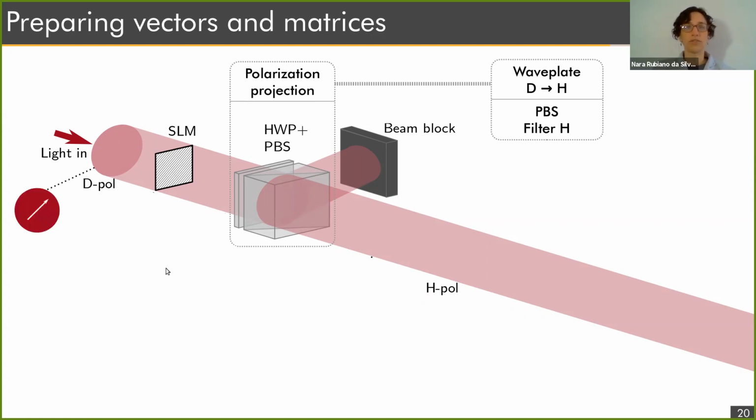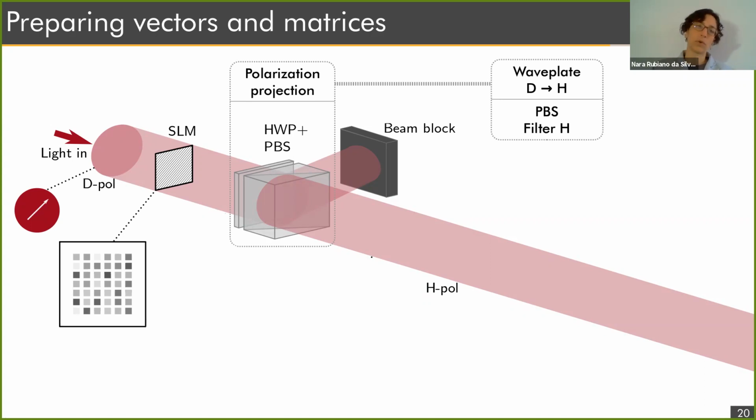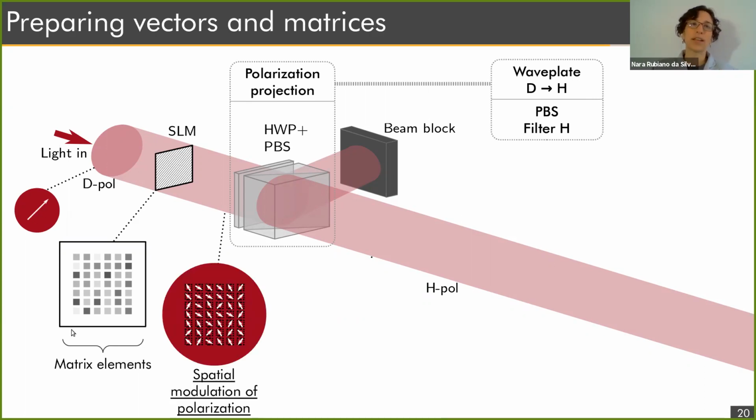Okay, so first we have a uniform distribution of the intensity and diagonal polarization. Then we send the light beam to the SLM, where we encode a matrix in this gray level. Each of the cells in this gray level image will correspond to the matrix elements. After interacting with the SLM, we have this spatial modulation of the polarization.